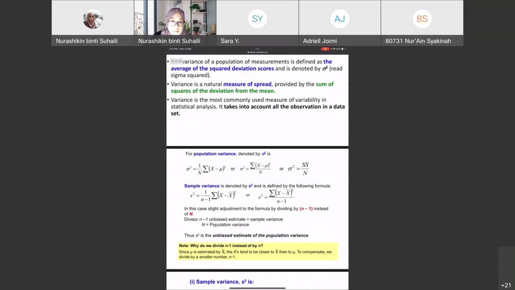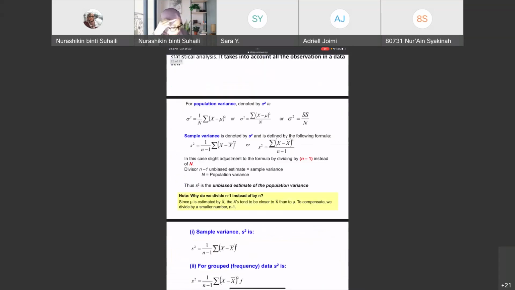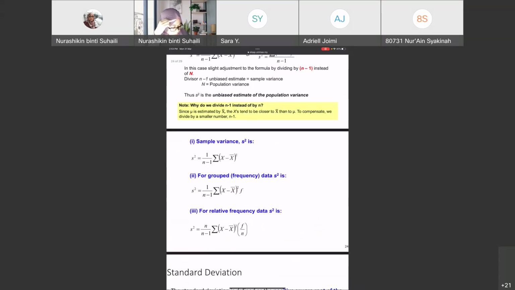This sigma. Okay. What else was there? Standard deviation is the square root of it. And there are two types of variance, population variance and also sample variance. Same as the mean. There are two types of variance. So there are certain formulas for variance.